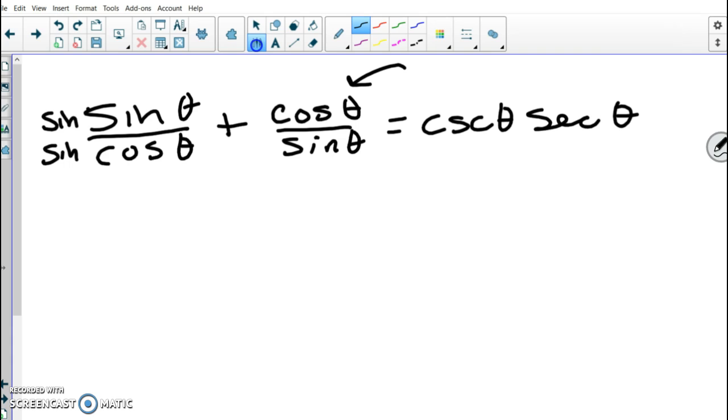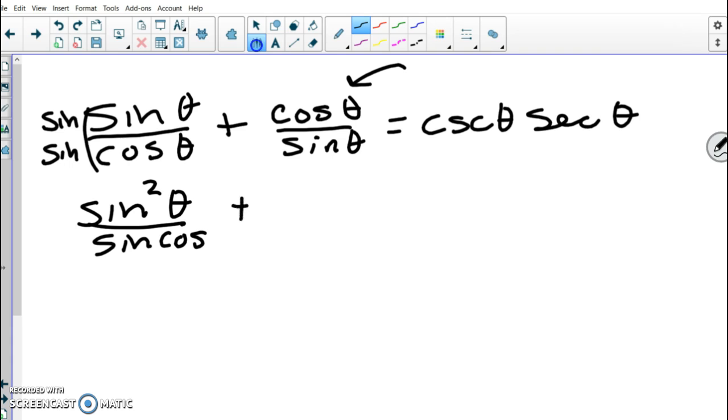So if I multiply that fraction by sine over sine, I get sine squared theta over sine cosine. I'm going to similarly do the same over here. I'm going to multiply this side by cosine over cosine, creating that common denominator. I get sine cosine on the bottom. On the top, I get cosine squared theta.